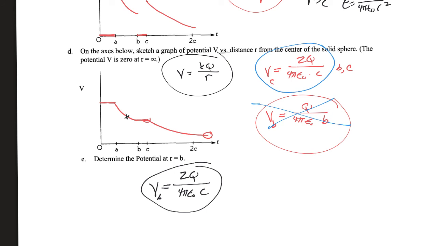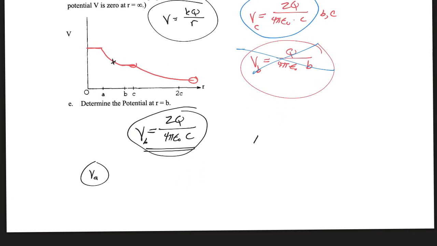So if I want to find out what the potential is, say, at A, and that's a really good question. So if you guys want, this is a teachable moment. If I want to find the potential at A, the surface of the other sphere, this is the starting point.